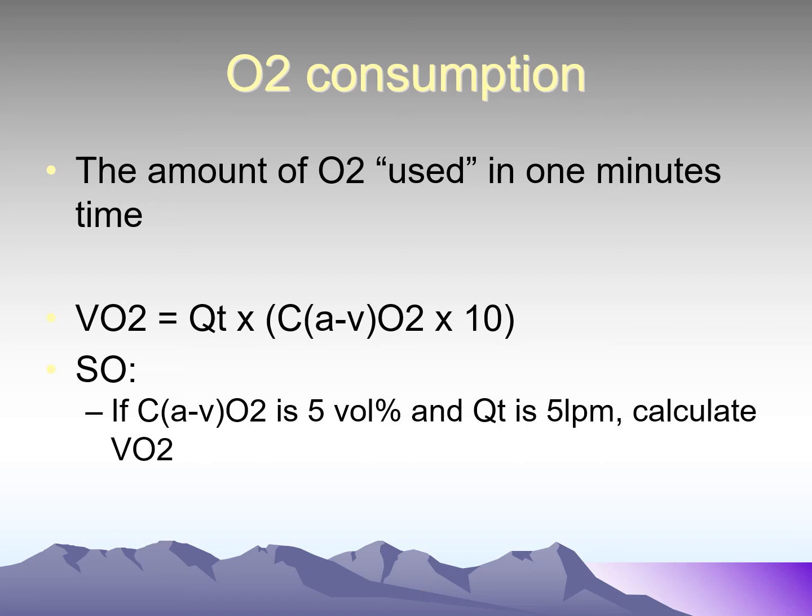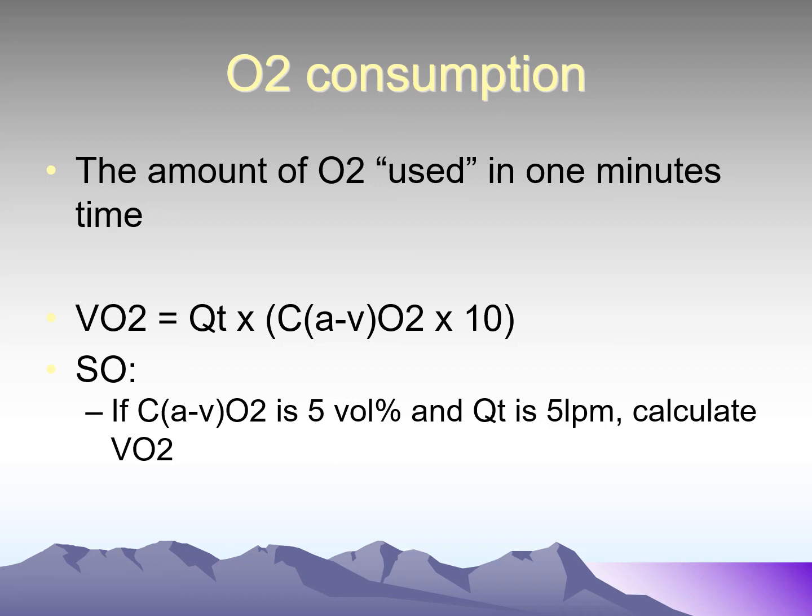All right, so oxygen consumption. Oxygen consumption is the amount of oxygen used in 1 minute's time. For this calculation, we're looking at cardiac output, and then the difference of CaO2 minus CvO2, times 10.